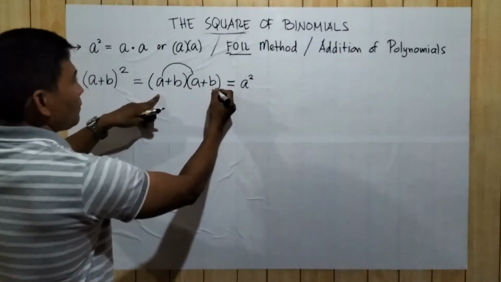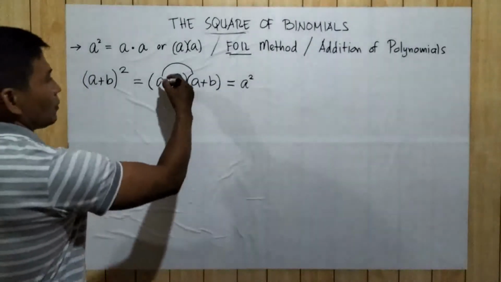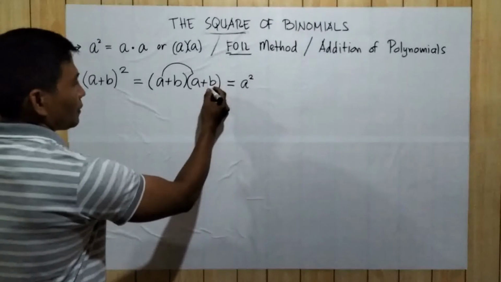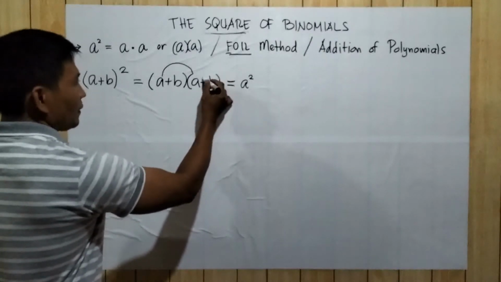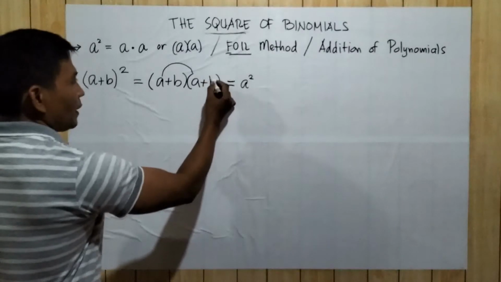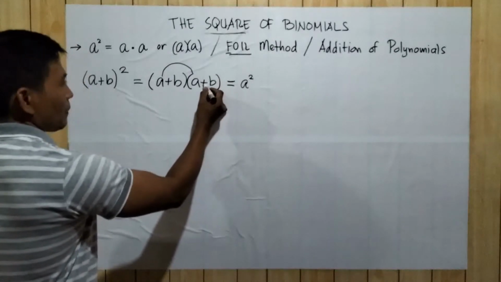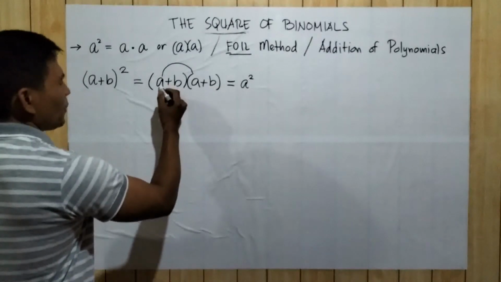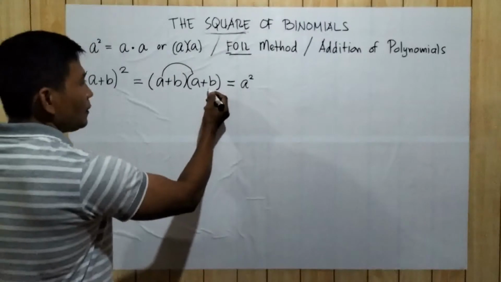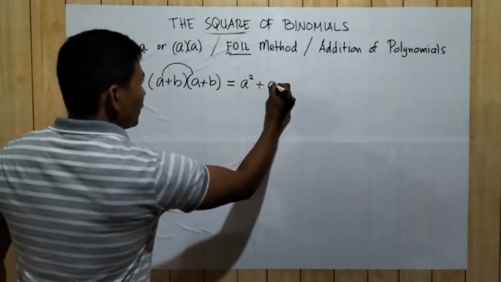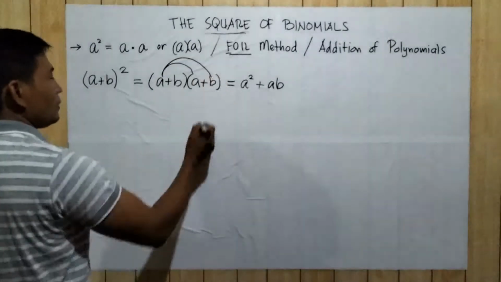O nga pala mga friends, pag minultiply natin siya at this point, dapat take into consideration din natin yung sign ng ating term. So, hindi lang po tayo focus sa b, focus din po tayo sa sign ng b, which is positive. Okay? So, meron po tayong positive a times positive b. We have positive ab.